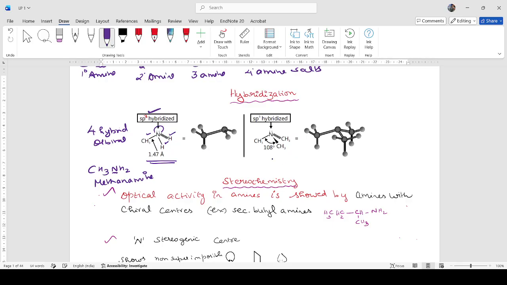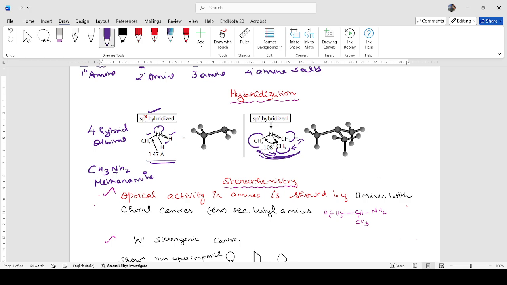In the next example, I'm seeing a tertiary amine, R3N. As these groups become a little bulky, there will be repulsion between them because of steric hindrance. So the bond angle should be significantly higher compared to methylamine. That means compared to a primary amine, a tertiary amine would have a higher bond angle.